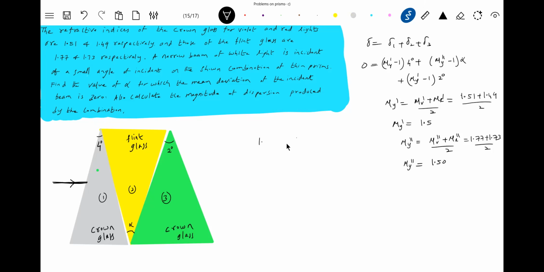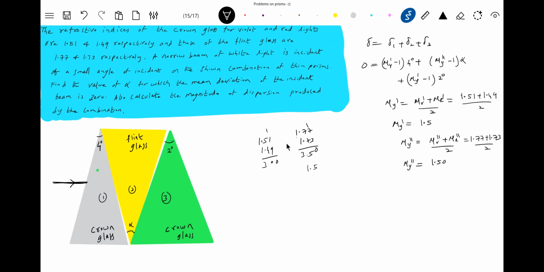Average, how much will be? 1.51, 1.49, 1.50, 1.77, 1.73. 3.5 divided by 2, 1.75.